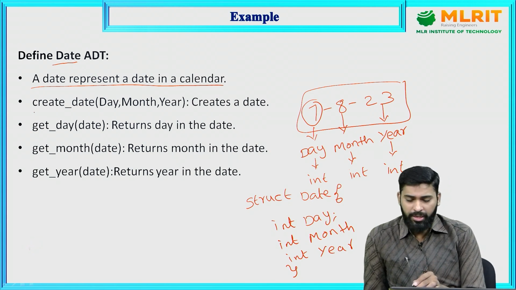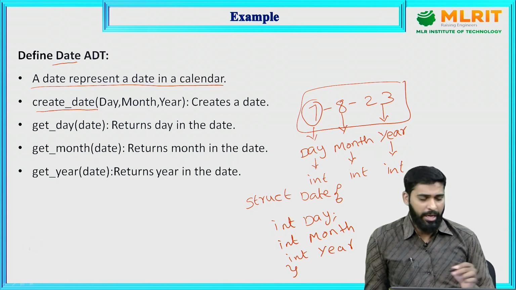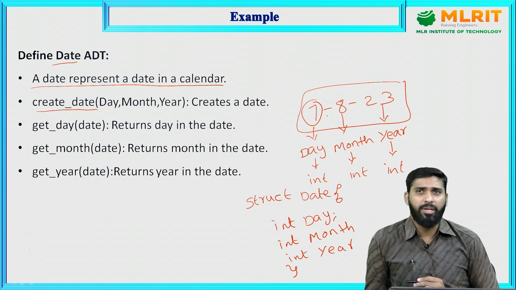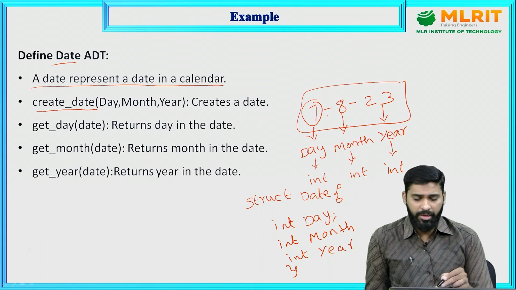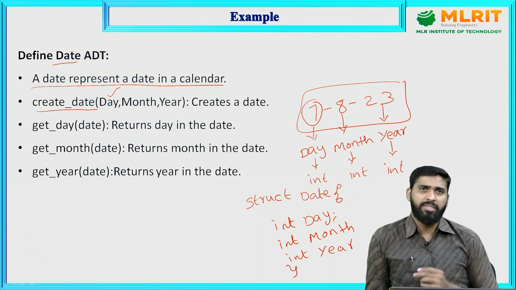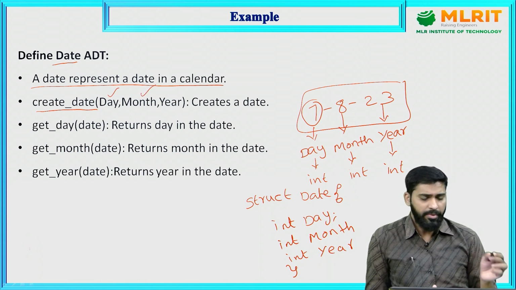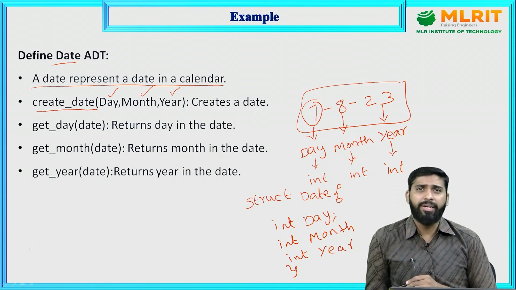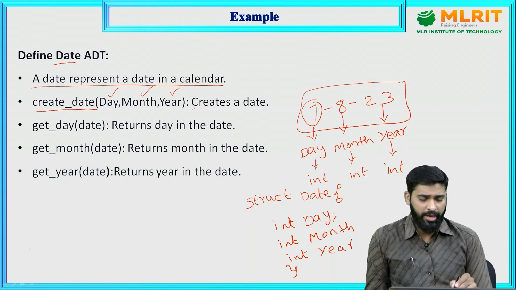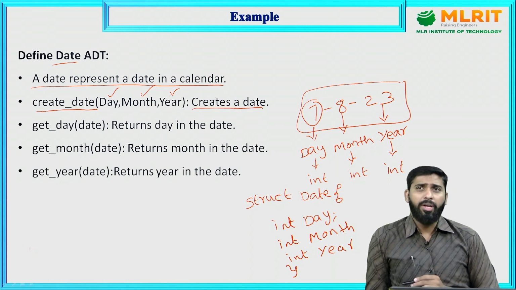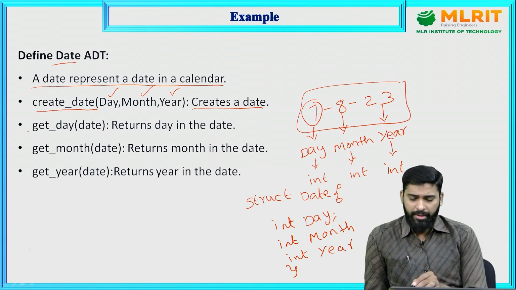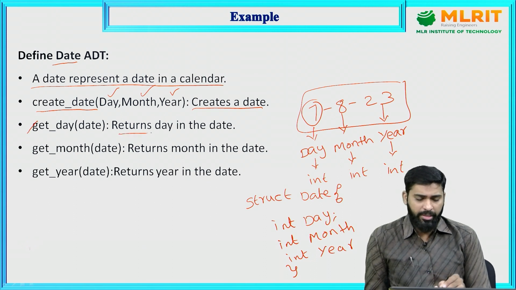These are the operations. The first one is create date. If you give the input 7/8/23, it creates one date. The first argument is considered as the day, the second argument as the month, and the third as the year. Now, get day returns the day in the date.